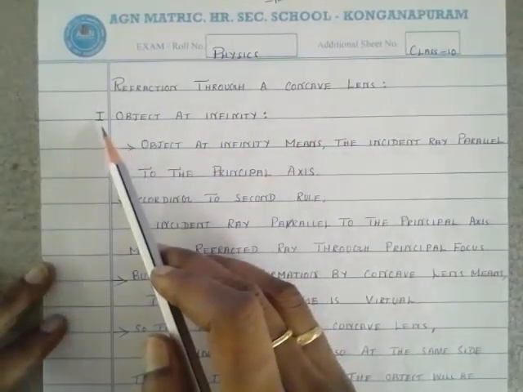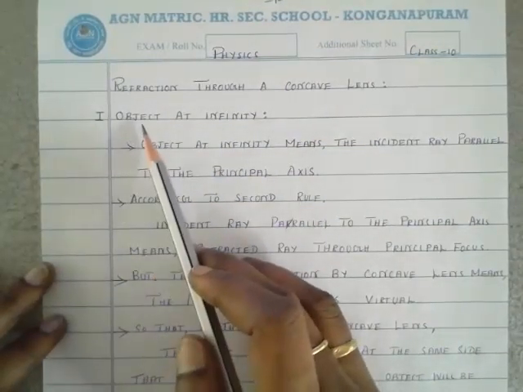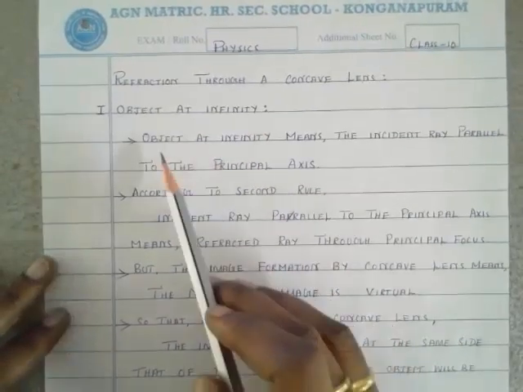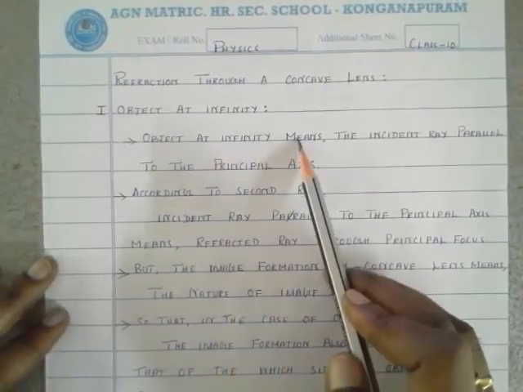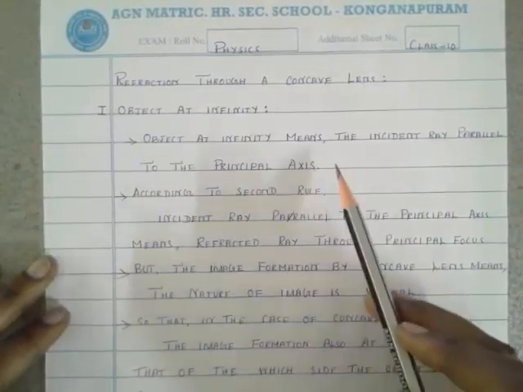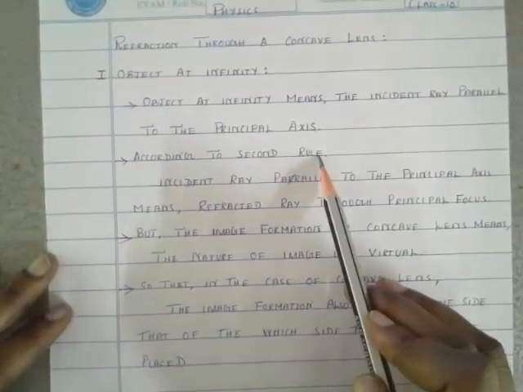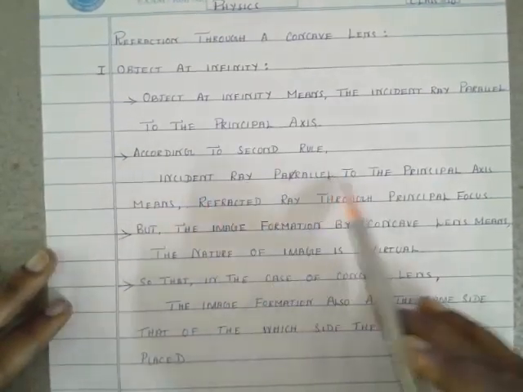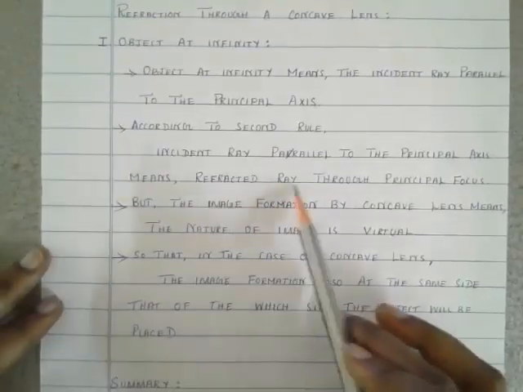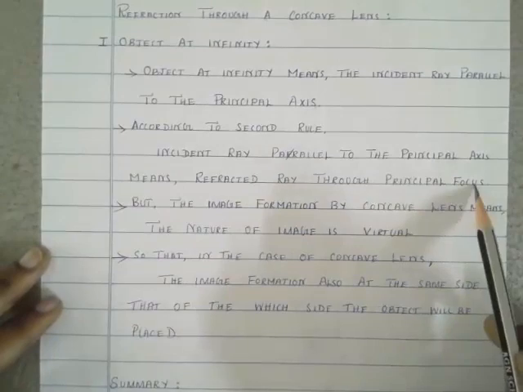Initially, I will consider an object at infinity. Already we know that an object at infinity means the incident ray is parallel to the principal axis. That means, according to the second rule, the incident ray parallel to the principal axis means the refracted ray passes through the principal focus.